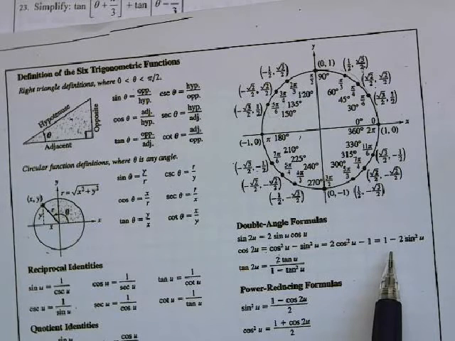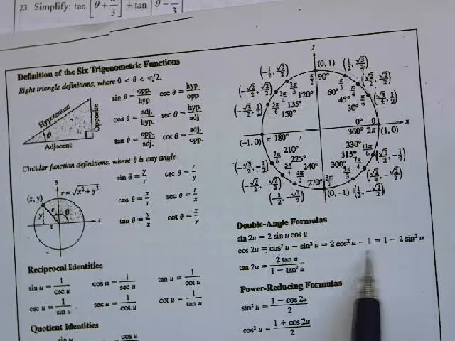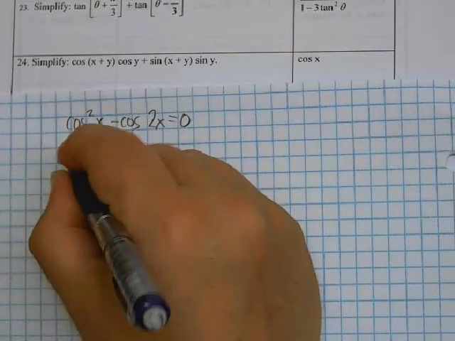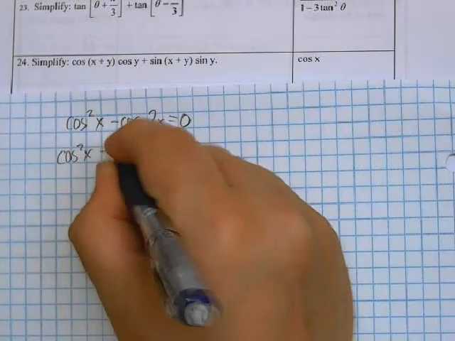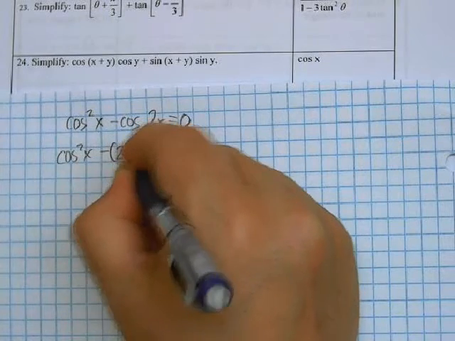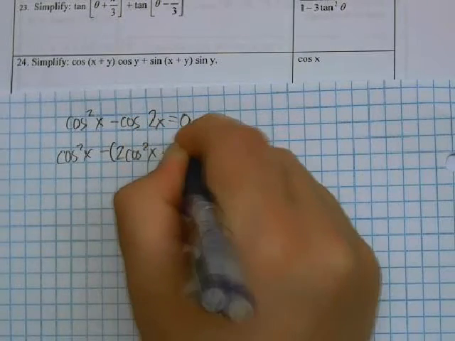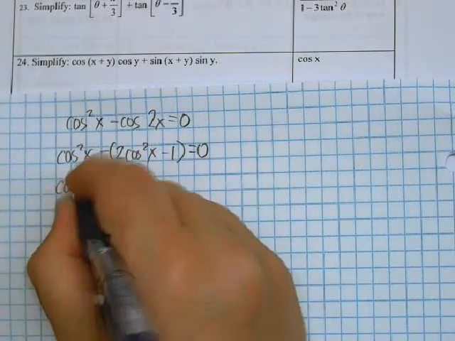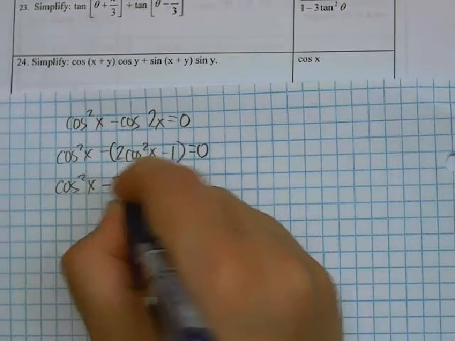Well, when we factor, it's not really feasible to have both sine and cosine. We usually just want one of the functions. So I'm going to use the middle one, 2 cosine squared minus 1. So I'm going to go ahead and distribute the negative.